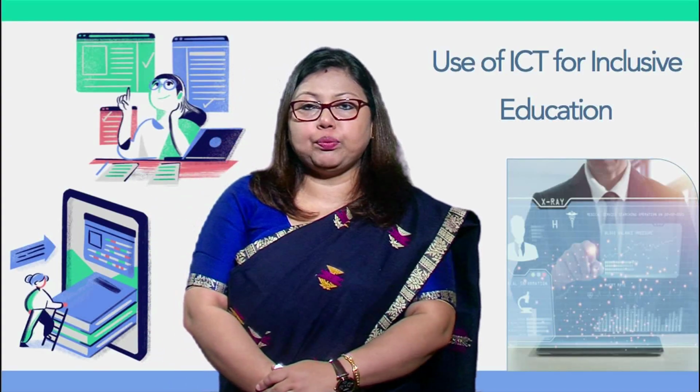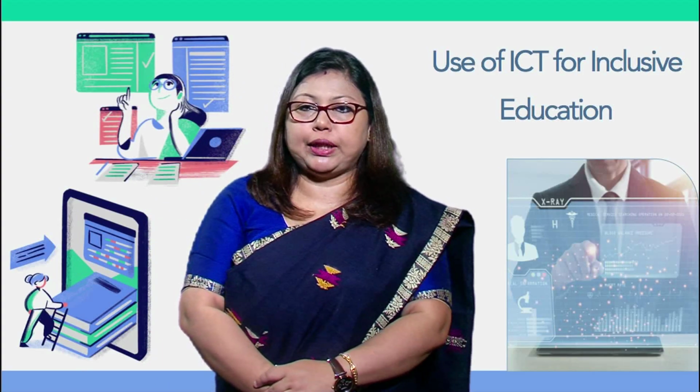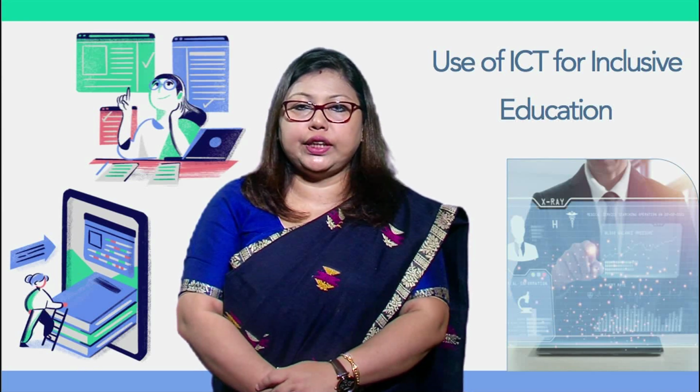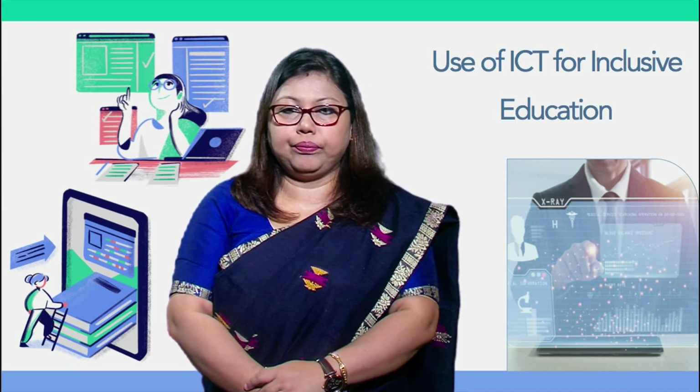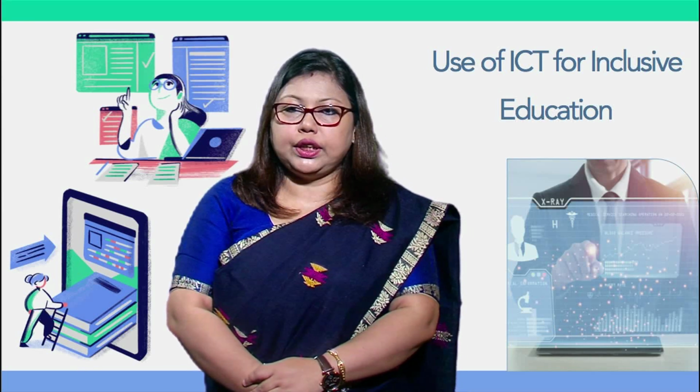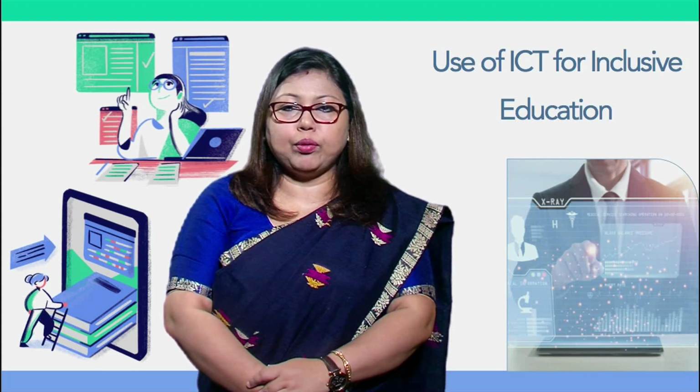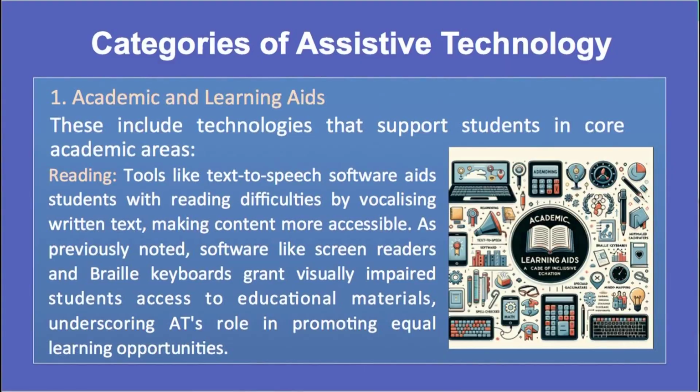Now, let us explore the diverse categories of assistive technology that play a crucial role in inclusive education. Assistive technology is broadly categorized by the type of support it offers to learners. These categories include academic and learning aids. These include technologies that support students in core academic areas.